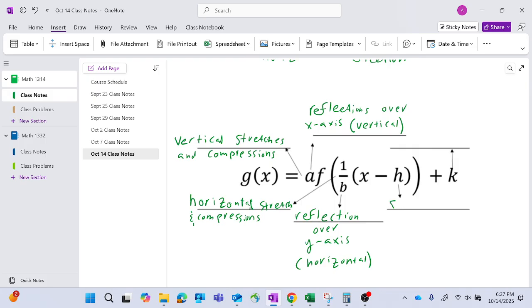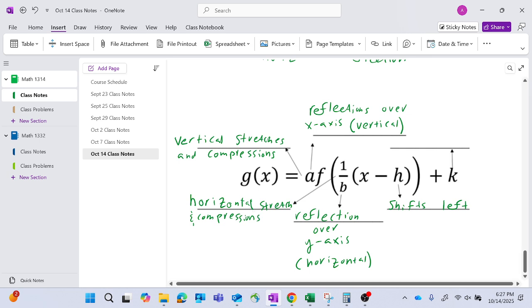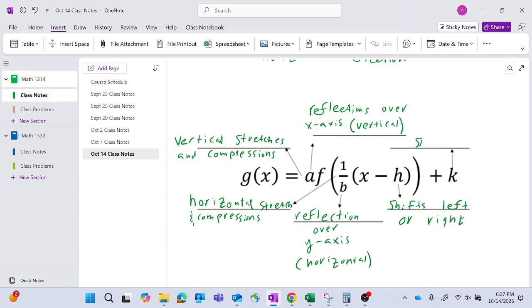Your h is just shifts or translations left and right. And k is shifts up and down.